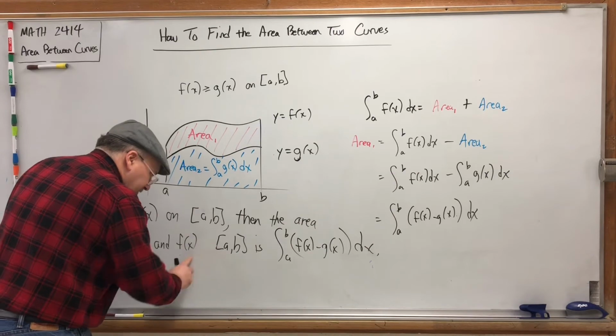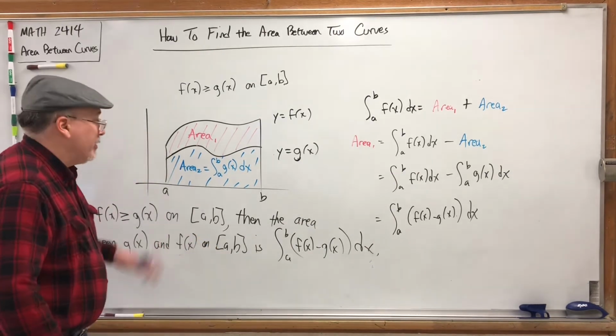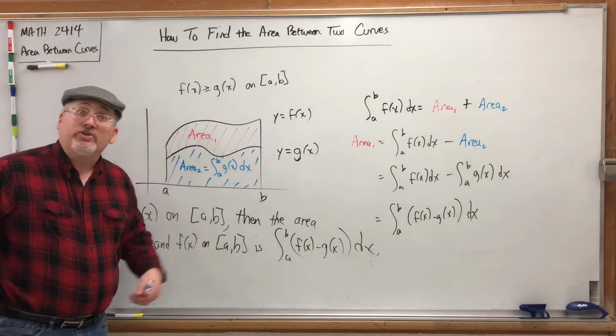And I don't think it's that hard to see that. It's just the total area, the area between is the total area minus the unwanted area.